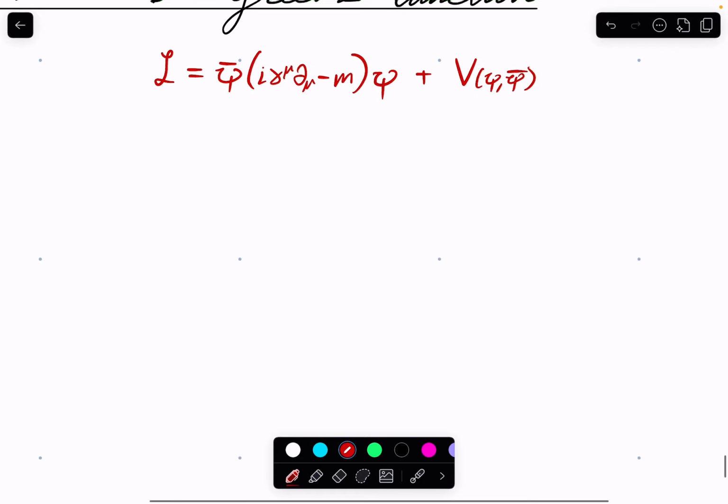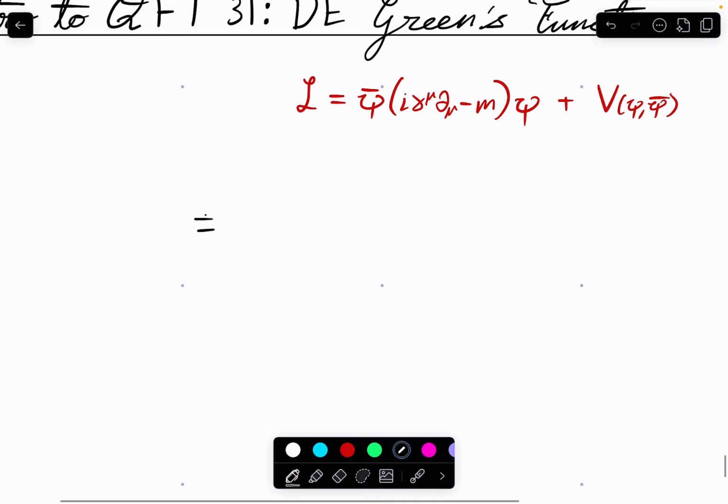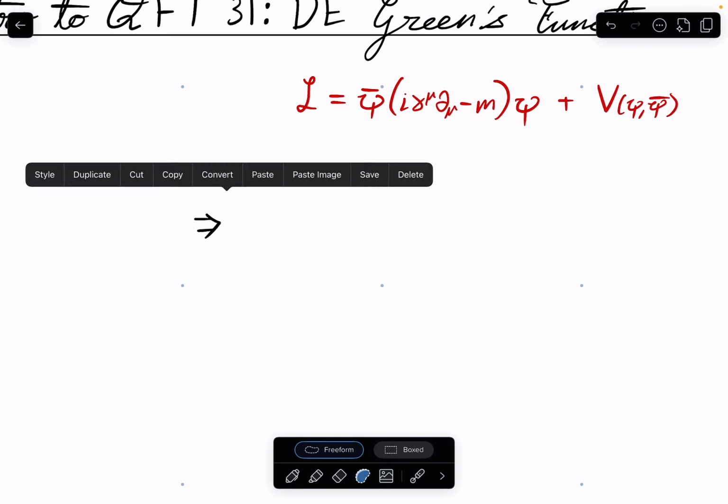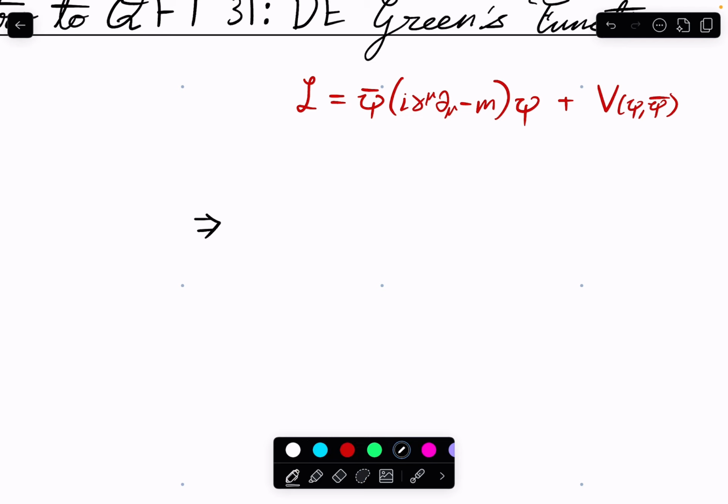All right. And then we'll use the Euler-Lagrange equation to figure out what the inhomogeneous Dirac equation looks like.